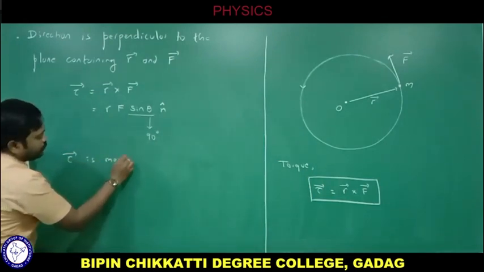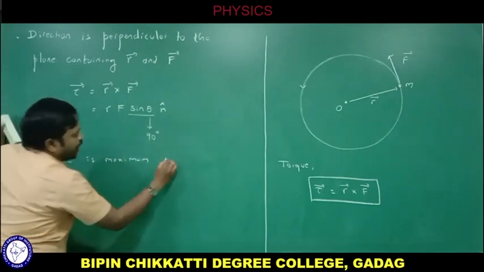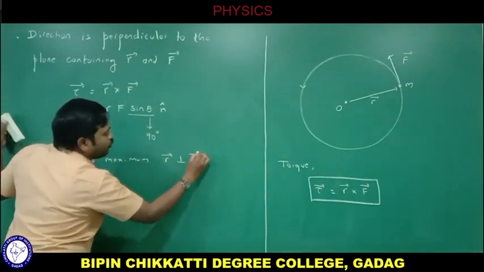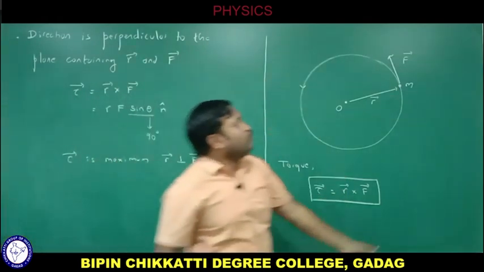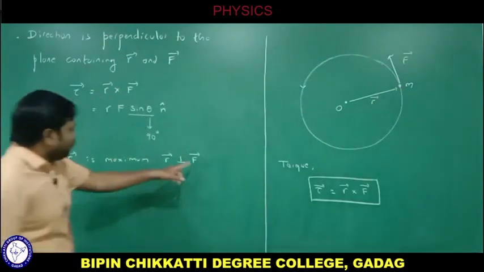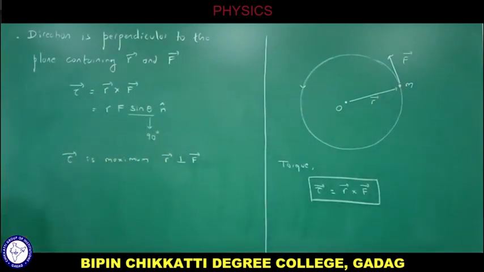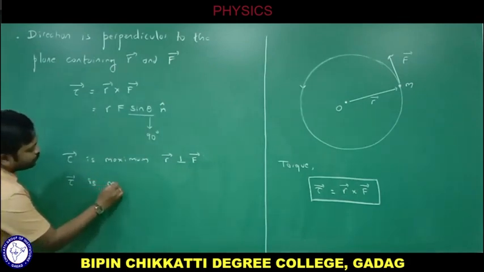Torque is maximum when R is perpendicular to F. That is why we take force perpendicular to R to get maximum torque.